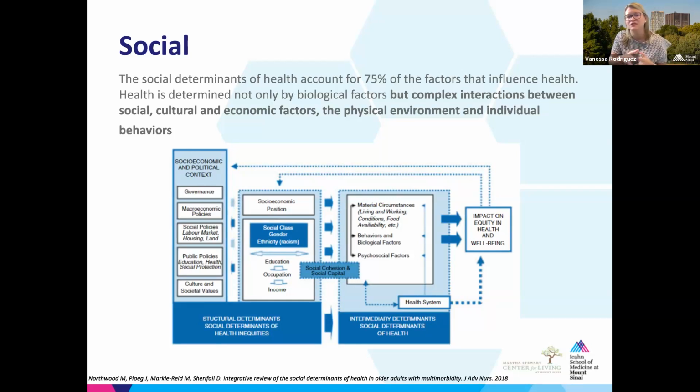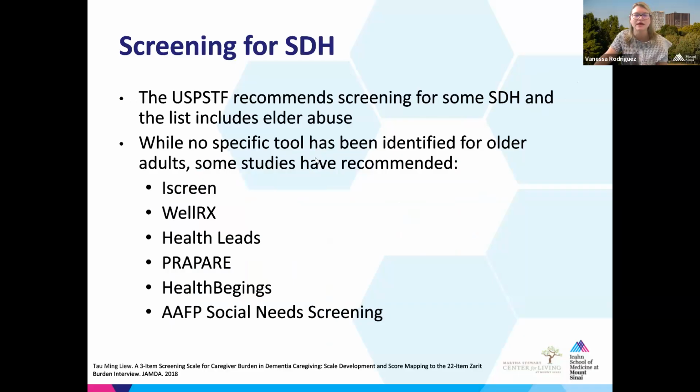So really understanding the social determinants of health for your patients and documenting them can really help patients navigate their own health. And that is very important, as is understanding what matters most for the patients along the way.